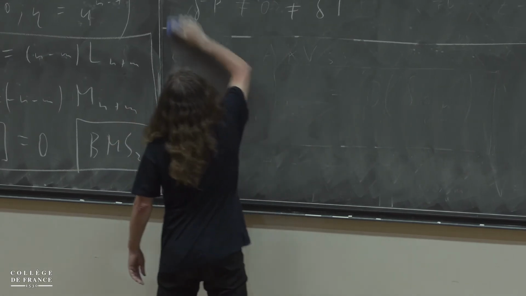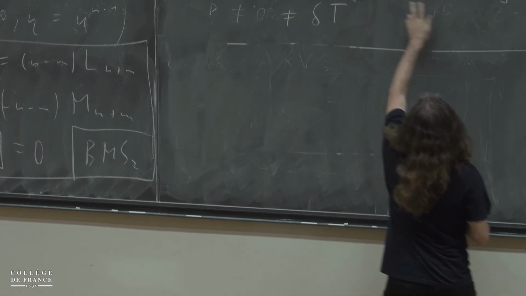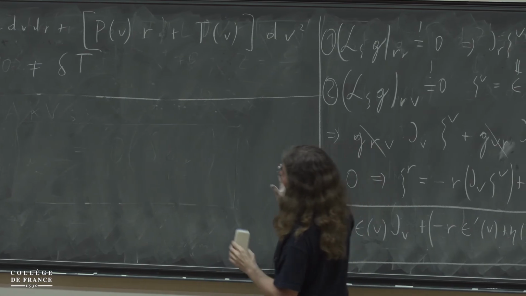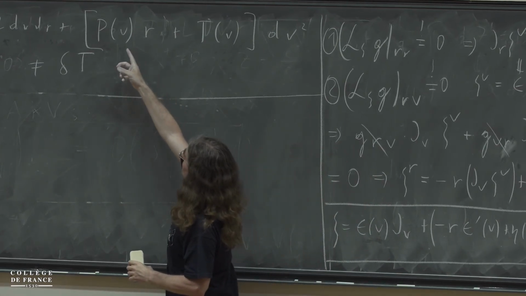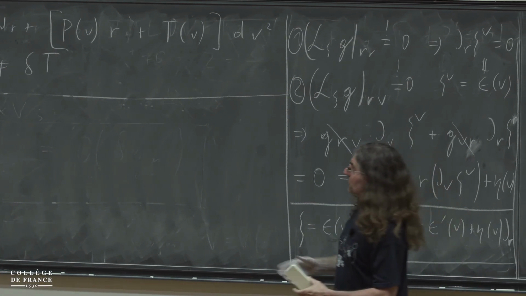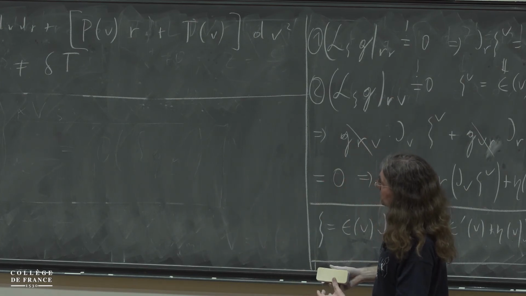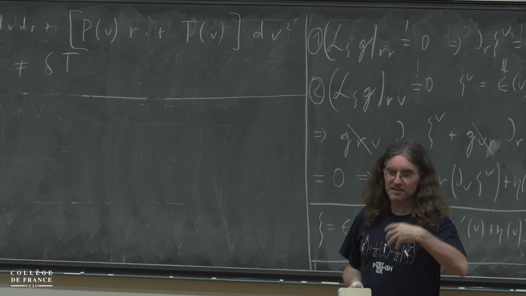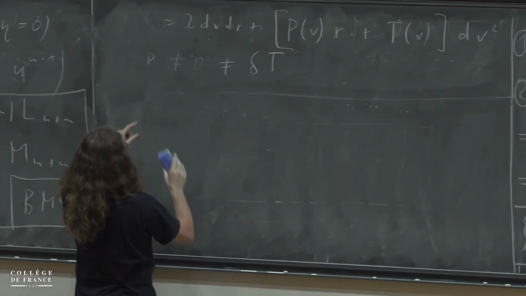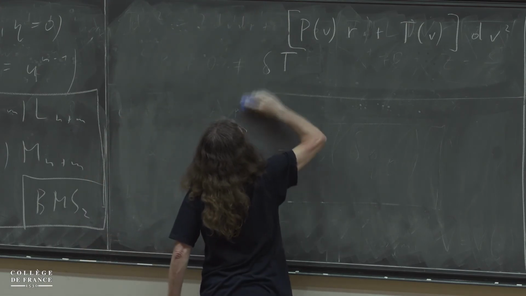But we haven't figured out how they change these functions P and T. P and T turn out to characterize the physical state, meaning that different choices for P and T, even though locally they are related by gauge transformations, physically correspond to different states. And therefore it's interesting to find out how these asymptotic symmetries act on the state-dependent functions.